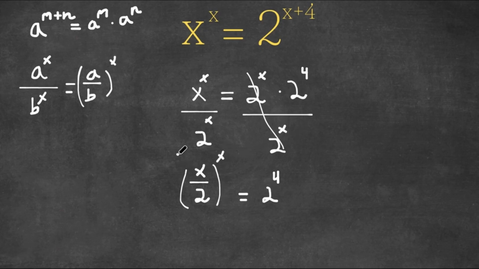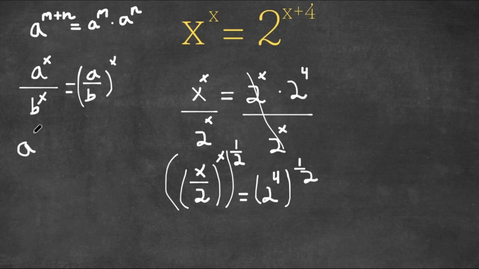Now what I'm going to do is I'm going to take the power of 1/2 on both sides. Now if we have a to the power of m to the power of n, this is also equal to a to the power of m times n.